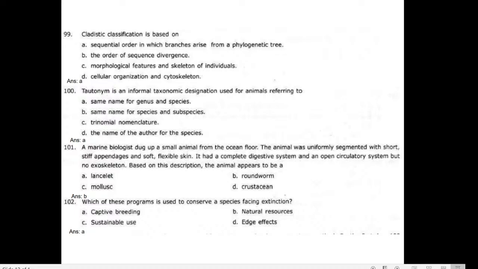Cladistics assumes evolutionary taxonomy, measuring evolutionary relationships between species and populations, not biological or genetic evaluation. With the cladistic analysis method, we can find relationship data between the characteristics of animals. So it is the sequential order of branches arising from the phylogenetic tree.